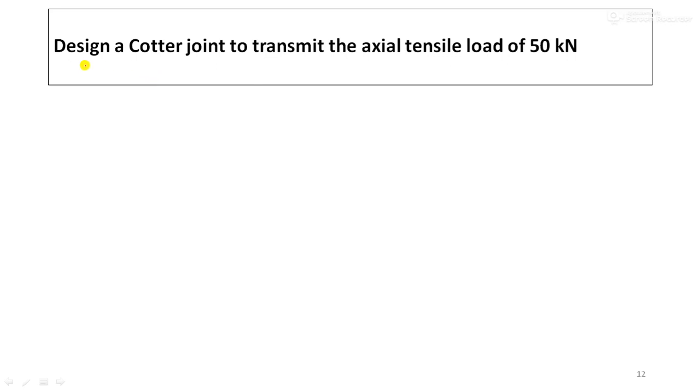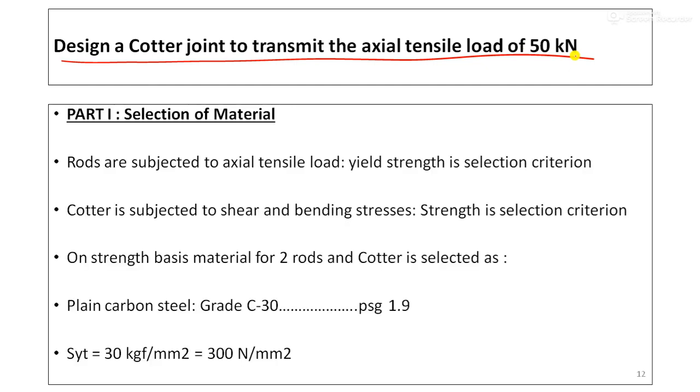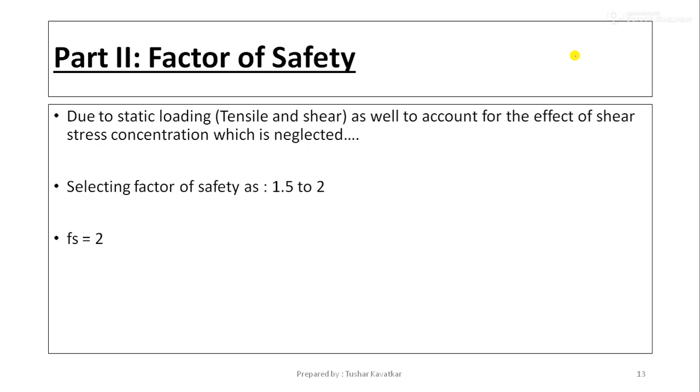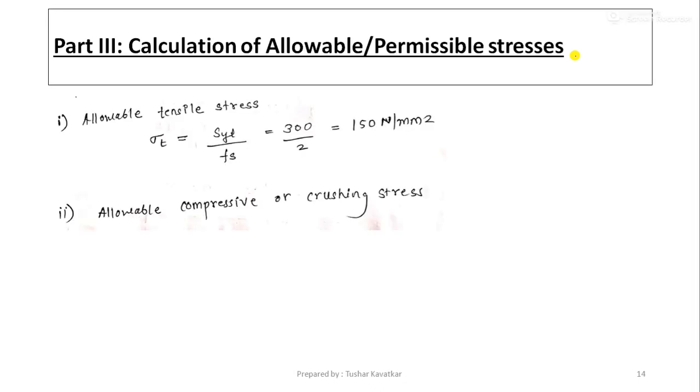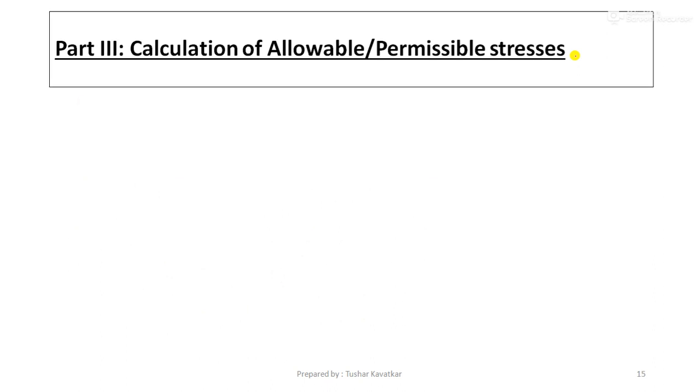In the last lecture we started designing a Cotter joint to transmit the axial tensile load of 50 kN. In part 1 we selected a material, in part 2 we selected a factor of safety, and in part 3 we calculated all the design stresses, that is the safe stresses, which we can call allowable or permissible stresses.